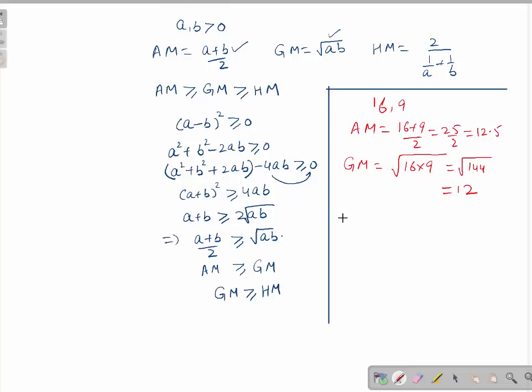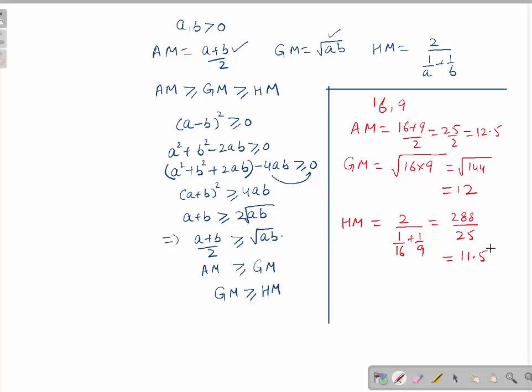Now come to their harmonic mean. The harmonic mean is 2 divided by 1 over 16 plus 1 over 9, and if we solve this expression you will get 288 divided by 25, which is approximately 11.5.